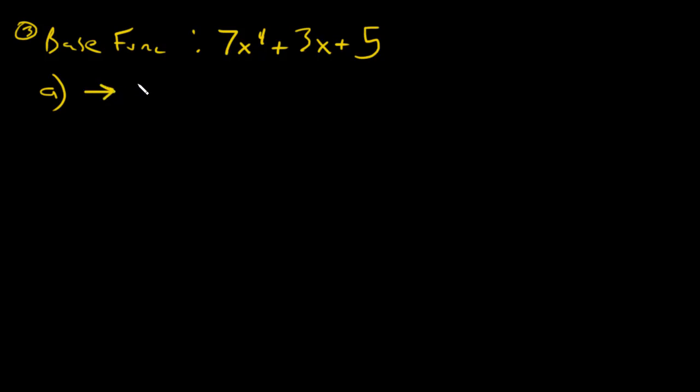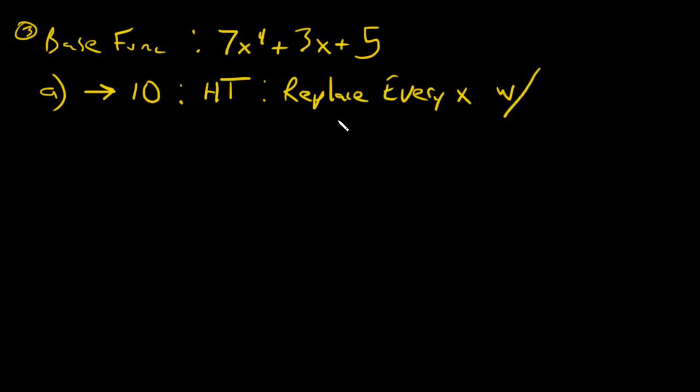So right by 10. All right, so this, again, is a horizontal transformation since it's doing the transformation horizontally, in this case to the right, which means we're going to replace every x with what? Well, it's going to the right, but it's horizontal, so it's the opposite.